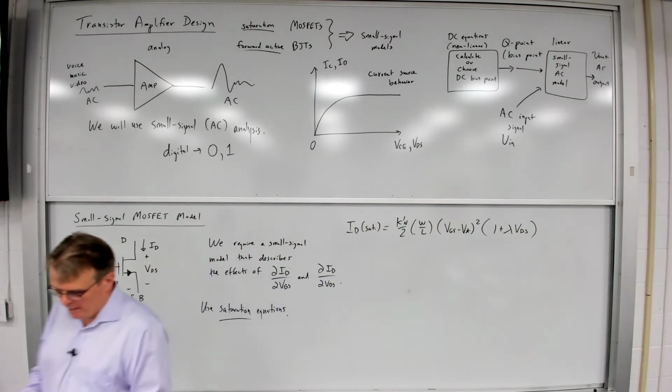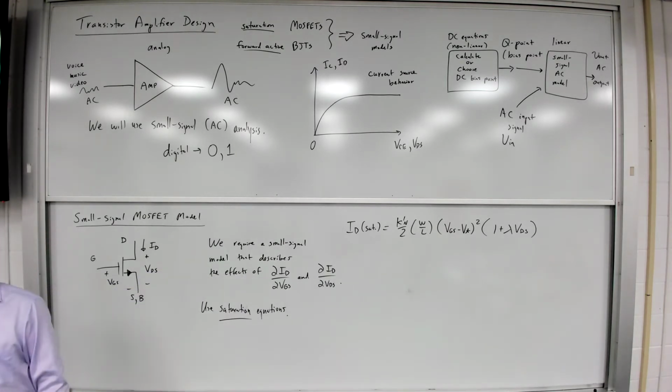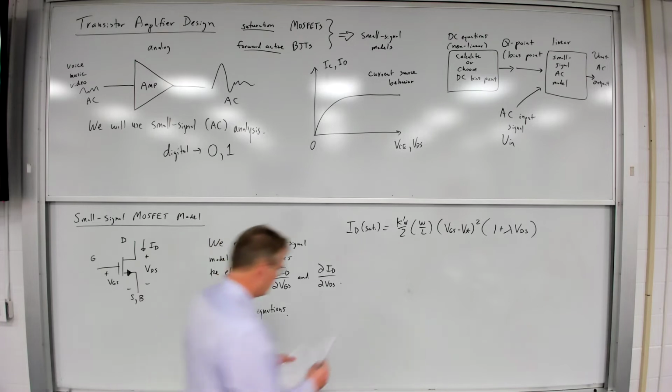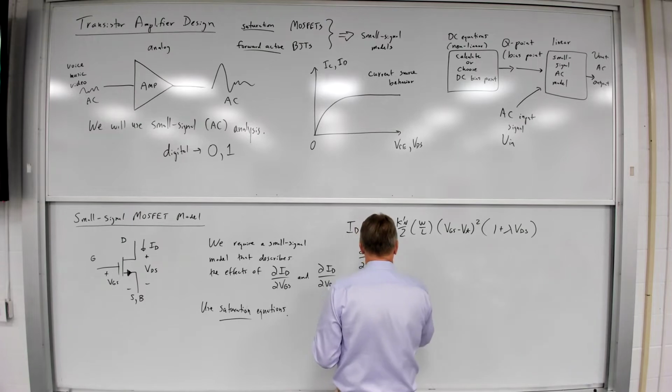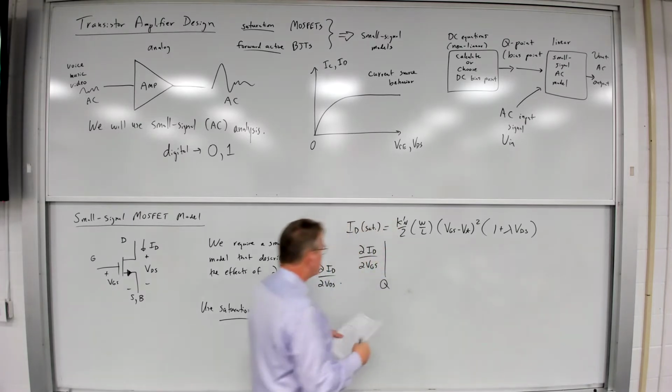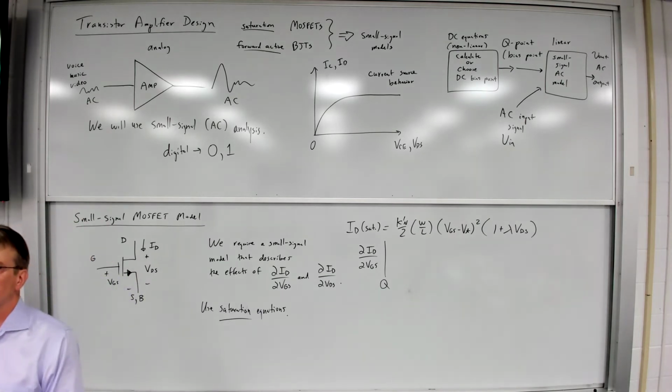We've seen it before. Let's take that equation and do a derivative with respect to VGS, and I want to evaluate that derivative at some Q point. So we're going to assume we are at some DC bias point in terms of the values we're going to get.